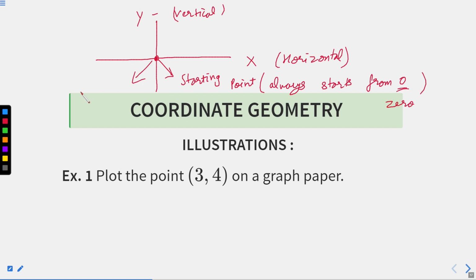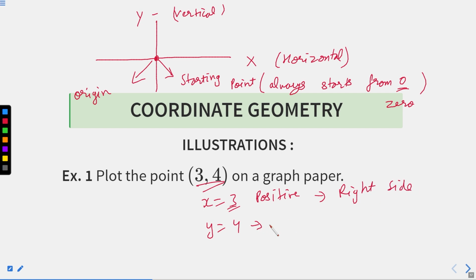The other name is origin. Now 3 comma 4, so x equal to 3, y equal to 4. We know x is positive. Here 3 is positive, meaning right side movement. And y is also positive, meaning up movement. Okay, clear?